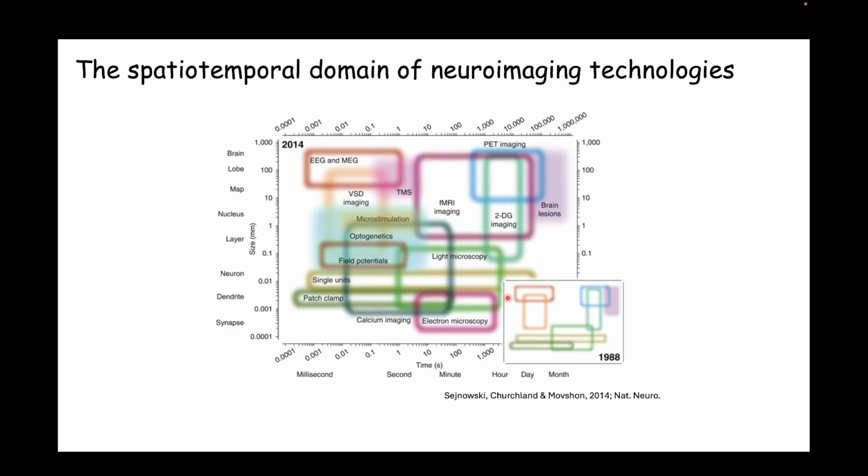So basically, as you want to increase the spatial resolution, it becomes a more invasive kind of technique. What we are going to cover in this course is these 4 techniques, where Deepak will cover EEG and fMRI data collection and analysis, and I will cover calcium imaging, or it's not exactly imaging, but photometry.